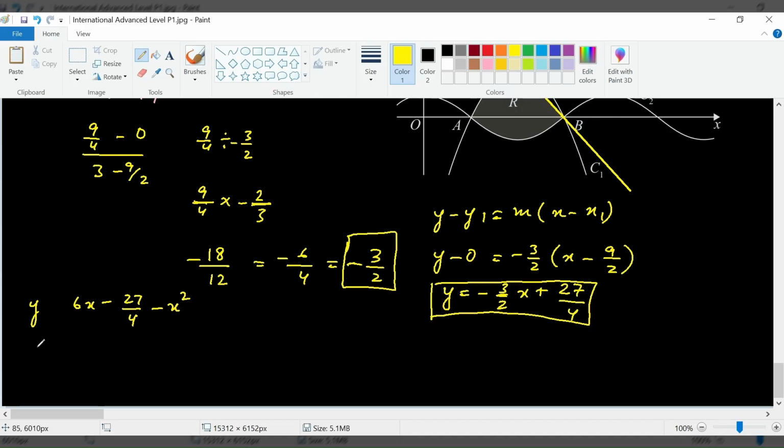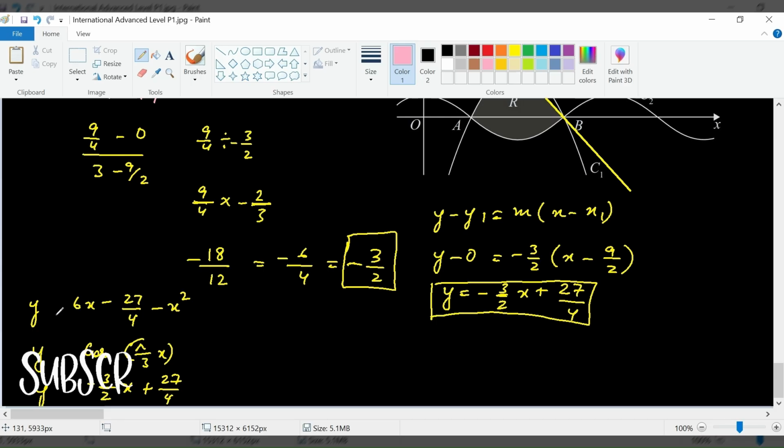The second one is y equals cos of pi over 3 x. And the third one is y equals negative 3 over 2 x plus 27 over 4, which is a straight line. So these are the three things that cover the area.